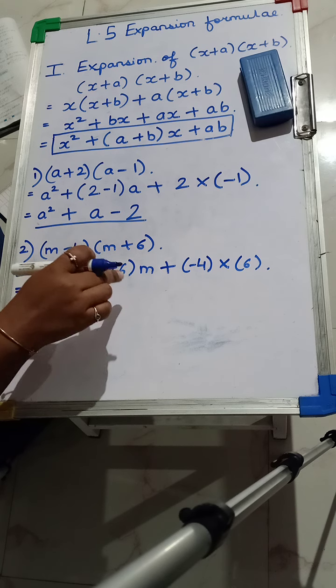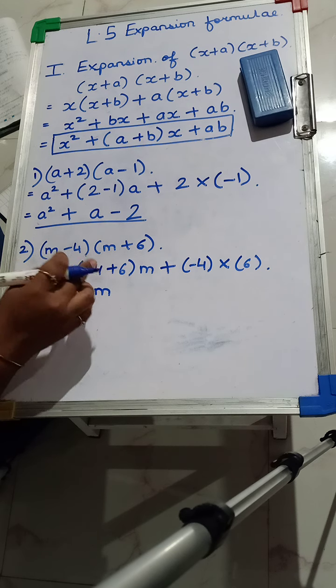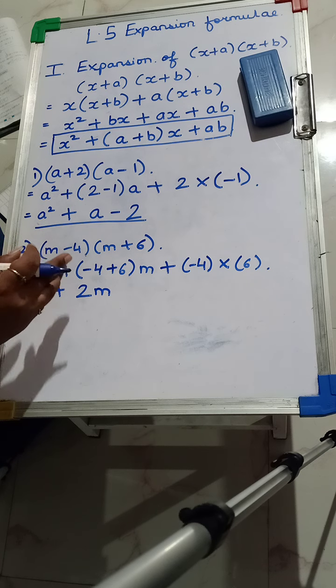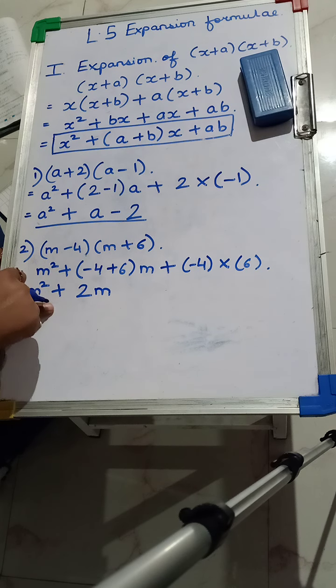In addition and subtraction, in previous classes you all must have learned, I will just tell you for revision, that in addition and subtraction, we go according to the greater number. Whatever sign the greater number has, that sign comes down.